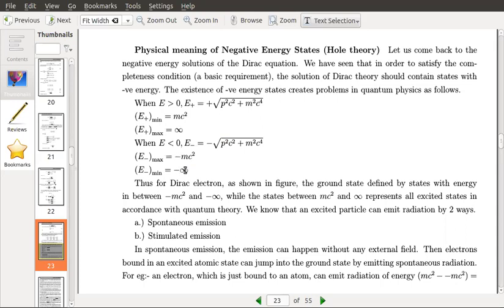Minus 2 is lesser than minus 1, minus 1 is greater than minus 2. Like that, minus mc square is greater. Okay, maximum value. And minus infinity is the minimum value of E minus.